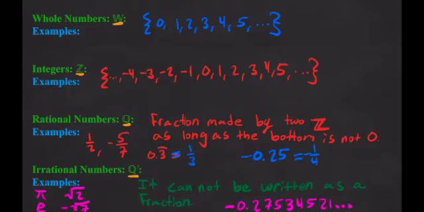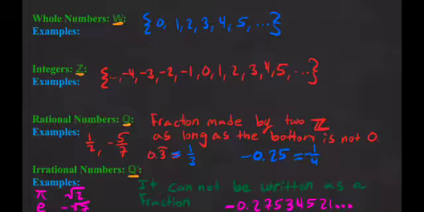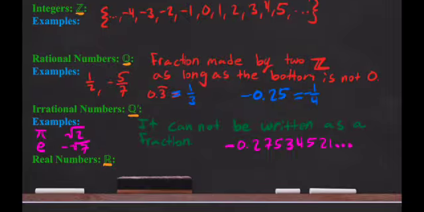This prime means that it is not. Okay, so if you see that with a prime, it means it's not this other. Sometimes in math, you will see a C instead of a prime. That means the same thing. The C means complement, which means that it is not that other thing. Okay, so that's what that one is saying. Then if you see the R, that's saying real number.